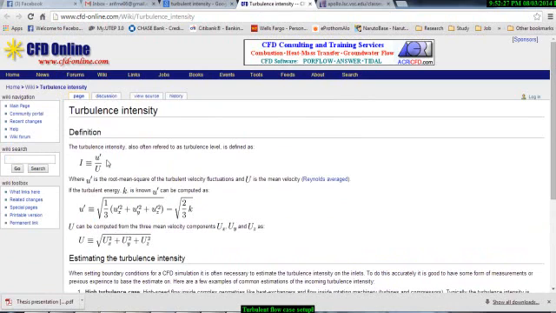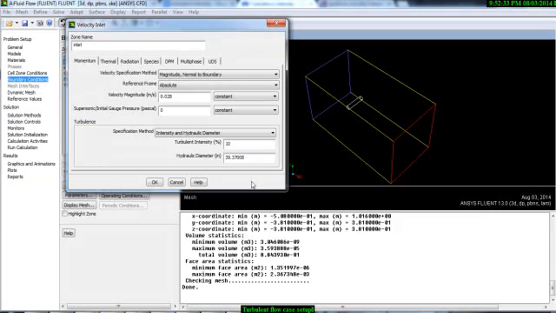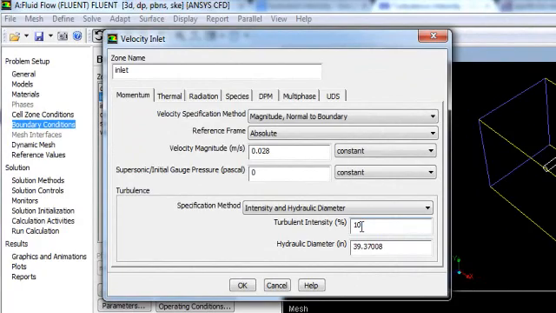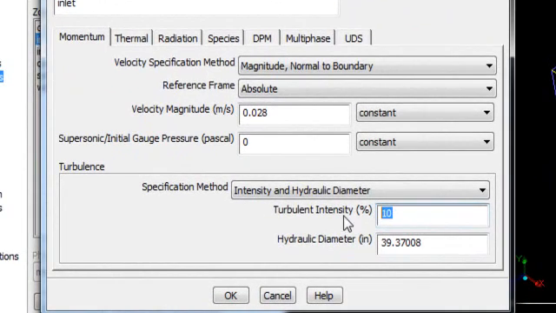It's a ratio of velocity fluctuation over mean velocity. So here you have the option for turbulent intensity in percentage. Right now the default value is 10. That means your fluctuation is 10% higher or lower than the mean velocity.